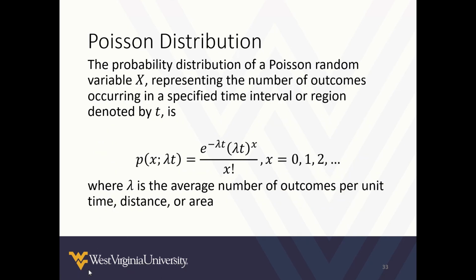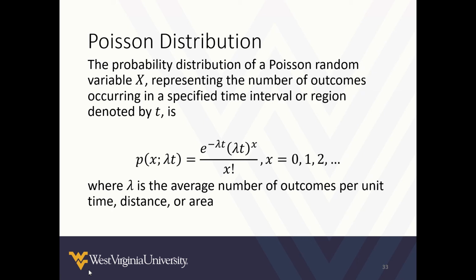Now to formally define our probability distribution. The probability distribution of a Poisson random variable x, representing the number of outcomes occurring in a specified time interval or region denoted by t, is denoted as a lowercase p of x, semicolon lambda t, which is equivalent to e to the negative lambda t multiplied by lambda t to the x over x factorial, where x equals 0, 1, 2, and so on.